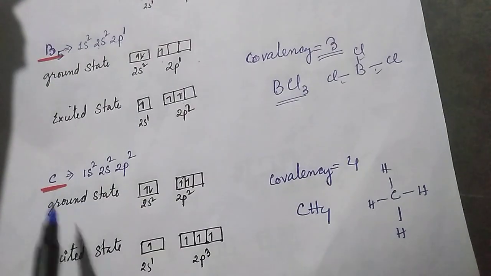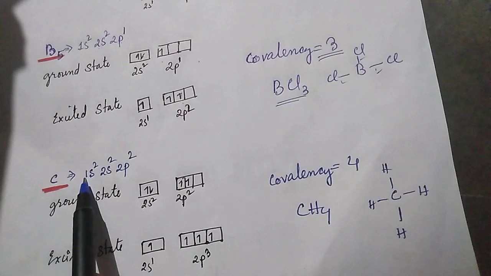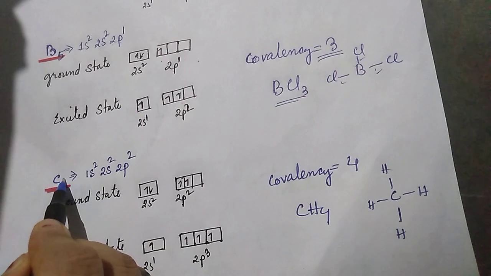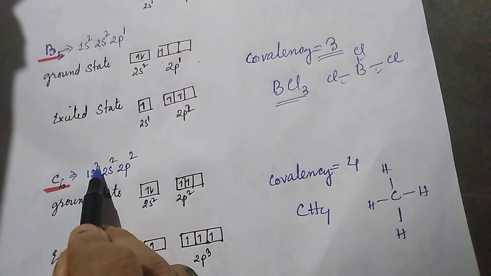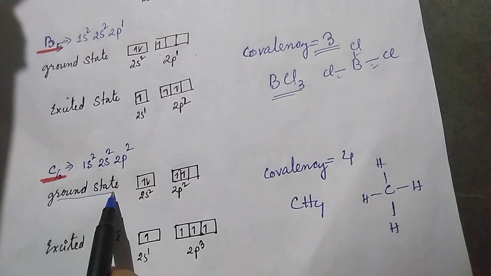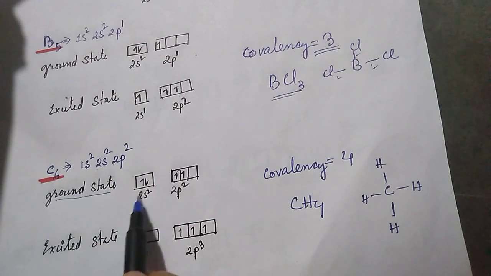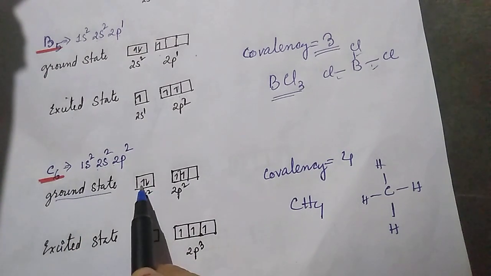Next, let's take the case of carbon. The atomic number is 6, 6 electrons. The electronic configuration is 1s2, 2s2, 2p2. In the ground state, I have taken the outermost. How many electrons in the s orbital? 2 electrons.